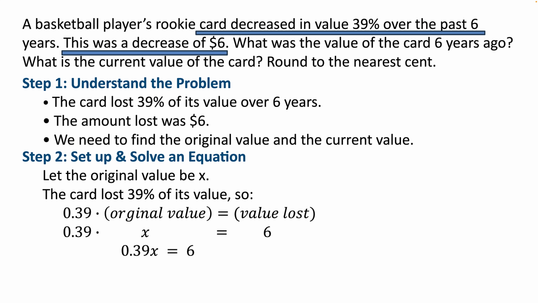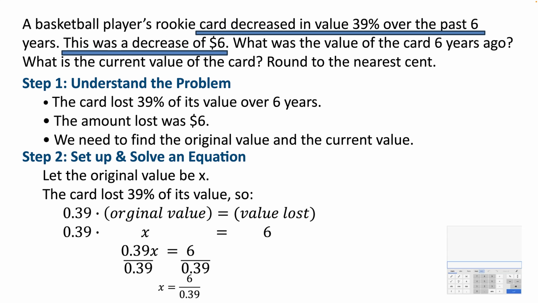Now that we have our equation, 0.39x is equal to 6, let's solve this equation. To solve for x, we need to divide both sides by 0.39. This gives us that x is equal to 6 divided by 0.39.